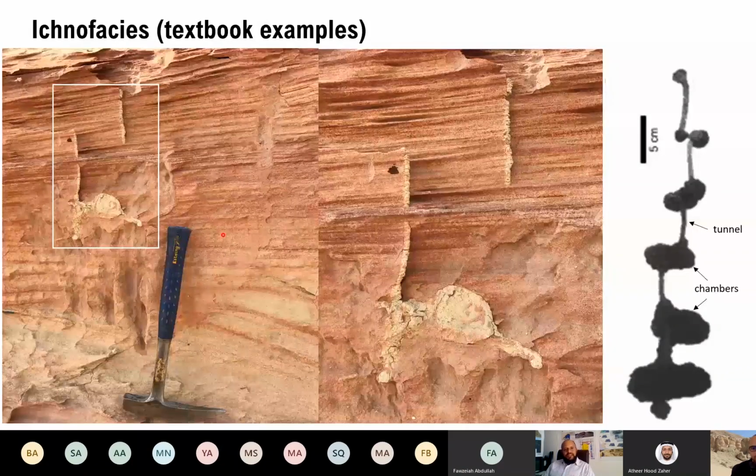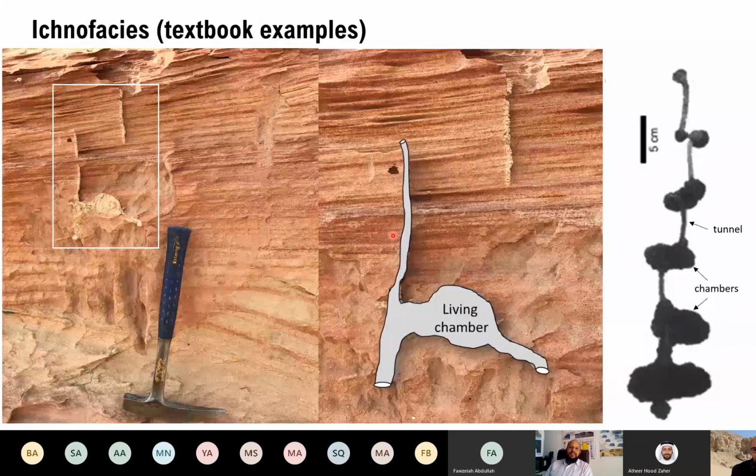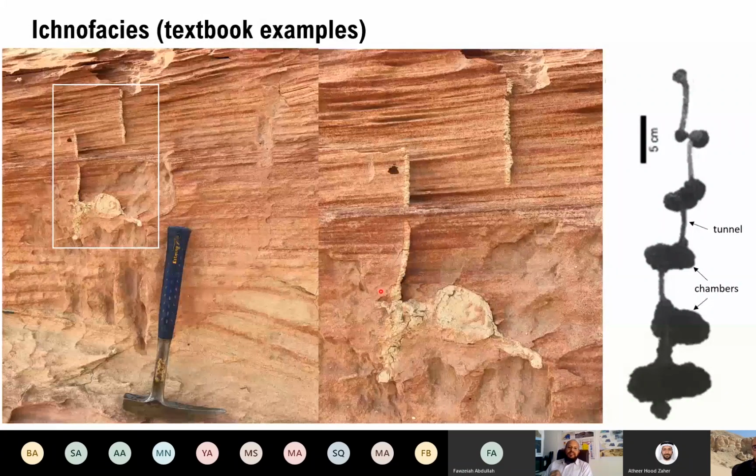Now, if we take a look at this section, we have very clearly a burrow that is quite vertical, but again, we have another body on the side. So basically, this is the living chamber. Let me highlight this for you. We could see here where the shrimp or the crab was living in this living chamber, and it has different escape routes.